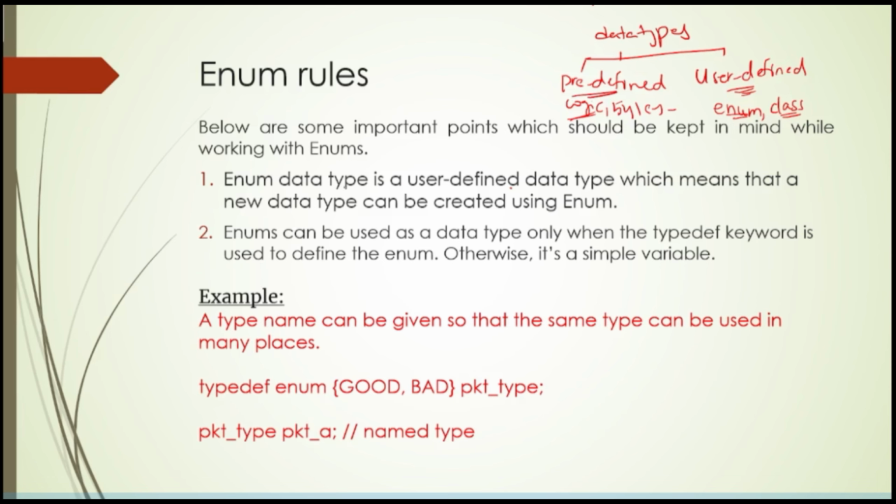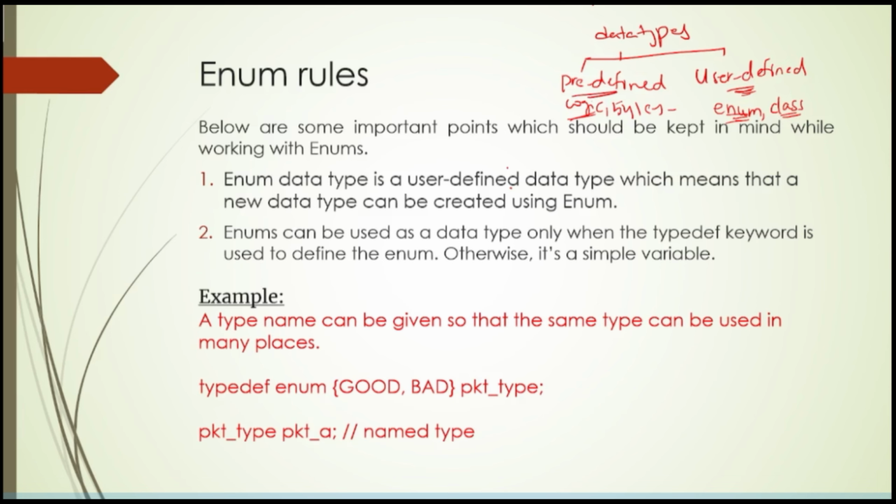While you're writing the enum, you should follow certain things. Enum data type is a user defined data type, that's what I told you. Among the user defined data types, another one is enum. Enum is a user data type, which means that a new data type can be created using enum. Why is it called user defined? Because you are going to create another data type by using this particular enum data type.